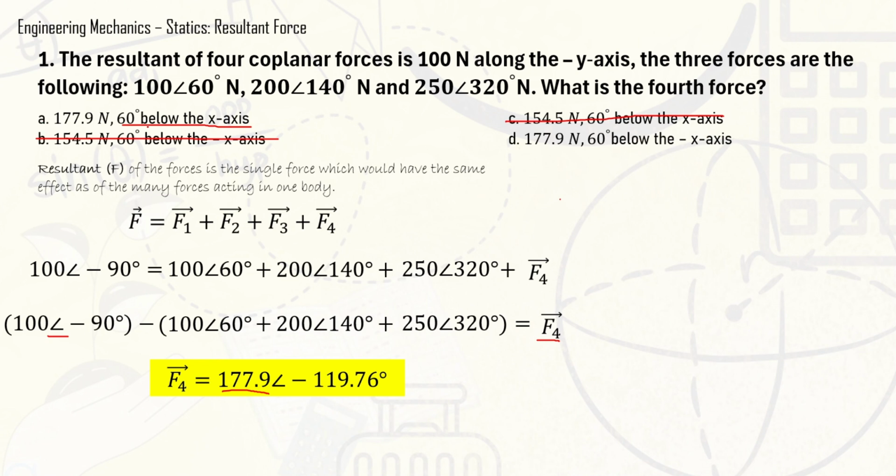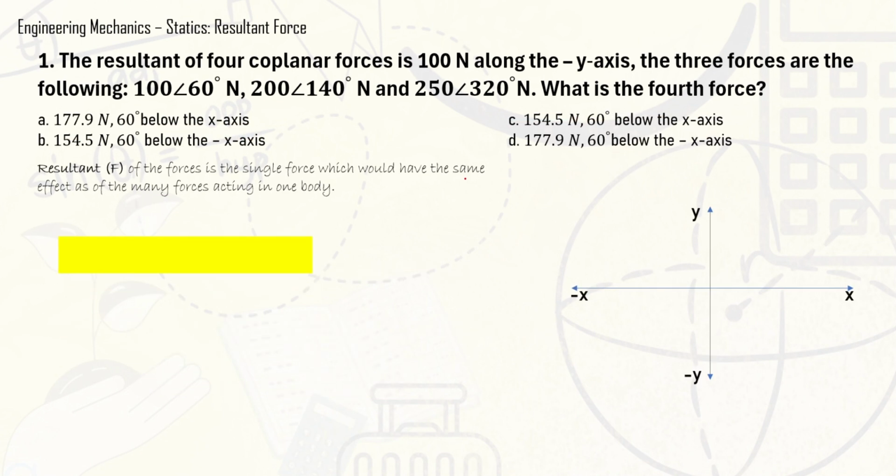Paano natin malalaman kung A or D ang sagot? Let's use again our Cartesian plane. Let's assume na yung negative 119.76 is in here using our x as our reference. Always dapat x ang reference natin, positive x-axis unless indicated. Ang angle natin dyan is negative 119.76.